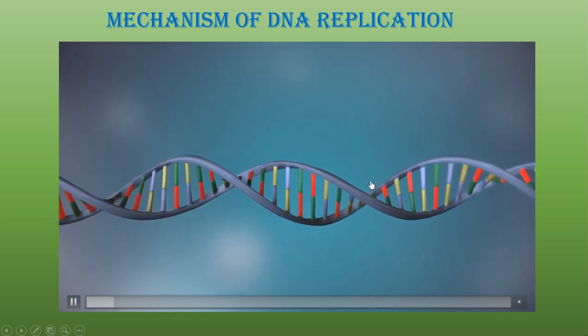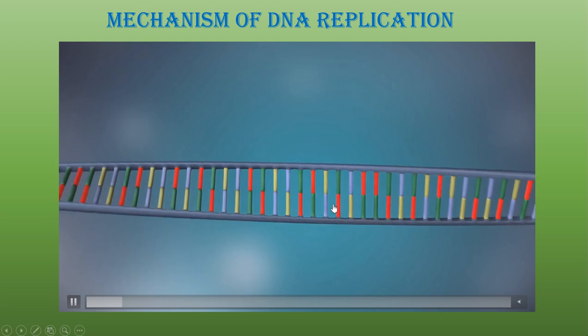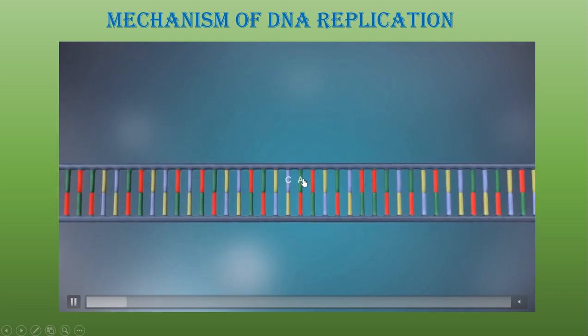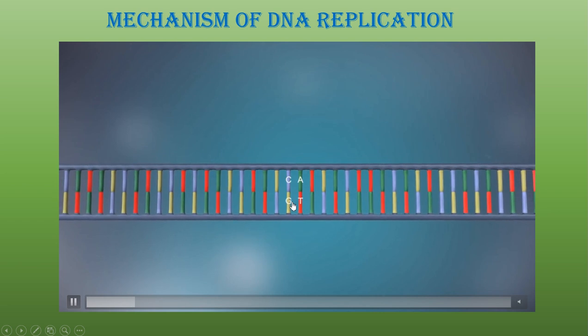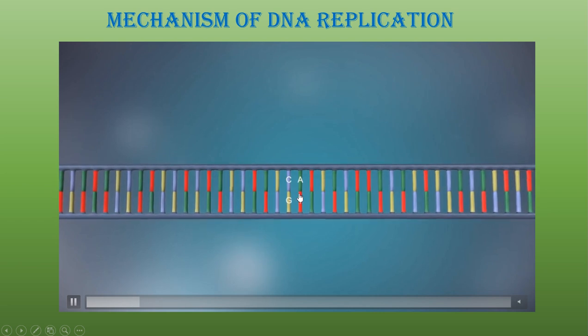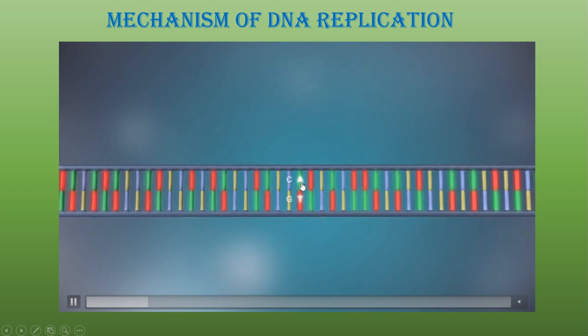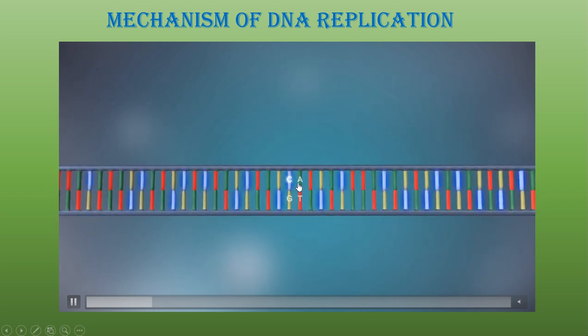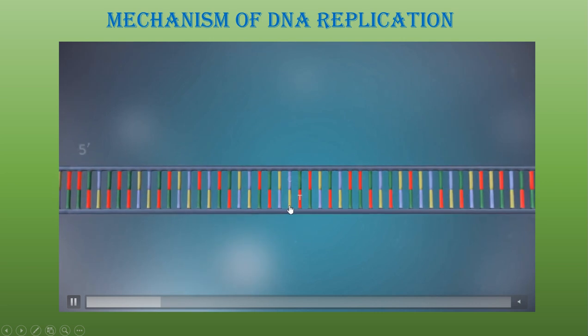Each strand is made up of four nitrogenous bases: adenine, cytosine, guanine and thymine. The two strands are complementary to each other. In one strand, if thymine is there, in the other strand adenine is there. If cytosine is there, complementary guanine is there in the other strand.